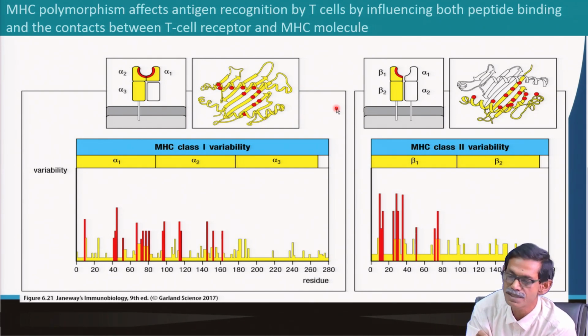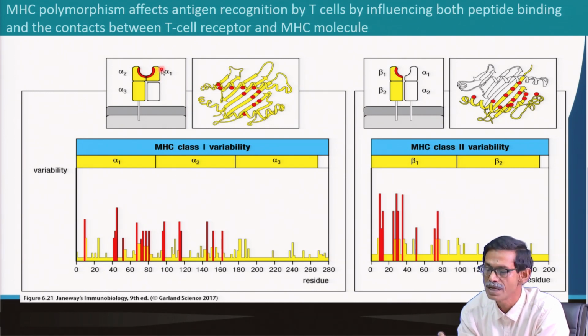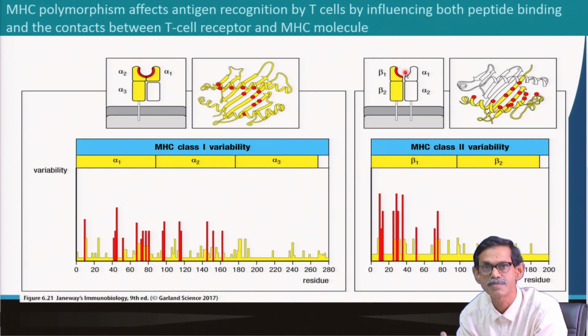Consider this is MHC 1 and this is MHC 2. In MHC 1, this red region, alpha 1 and alpha 2, is the peptide binding cleft, that we already know. In MHC 2 only half is shown, because only beta 1 is shown here. So this is equally true here also. This part is the peptide binding cleft.